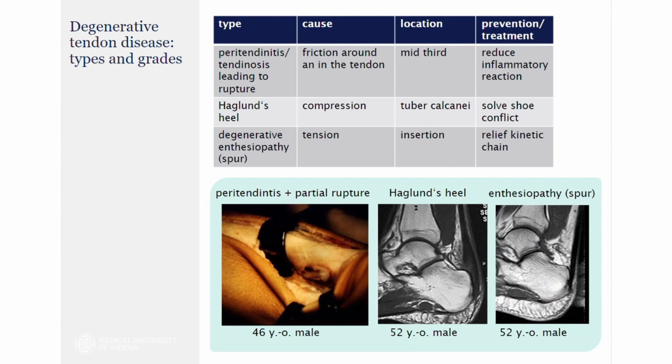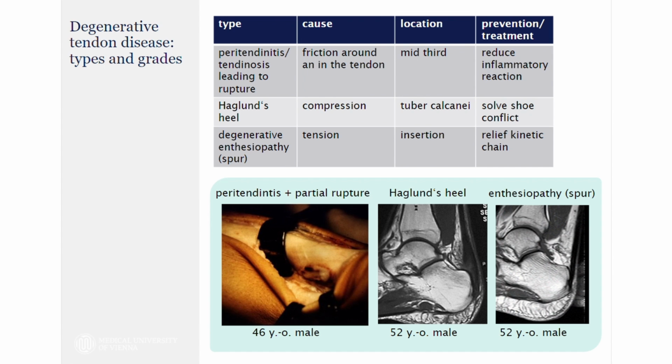Here you have a problem of the calcaneus. Here you have the shoe. And if the shoe does not fit properly, there is compression with Achilles bursitis. The normal Achilles bursitis is this Achilles bursitis.